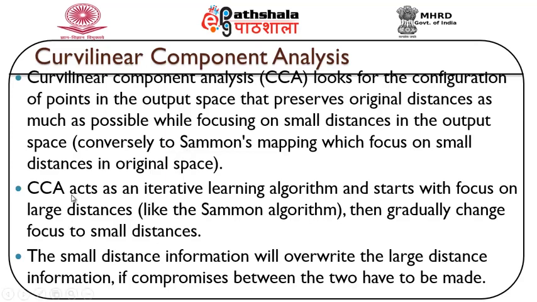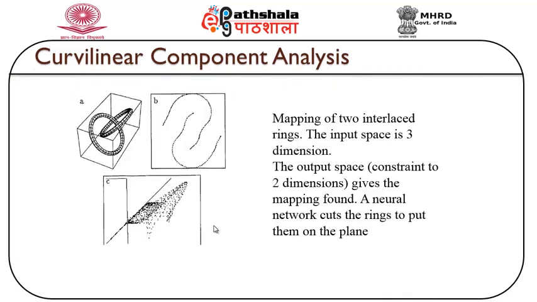So, CCA acts as an iterative learning algorithm and starts with a focus on larger distances. Then it gradually changes the focus to small distances. The small distance information will overwrite the large distance information if compromises between the two have to be made.